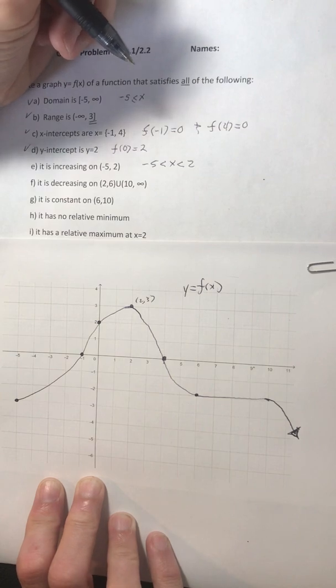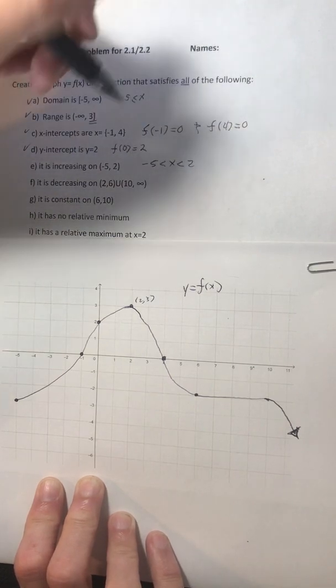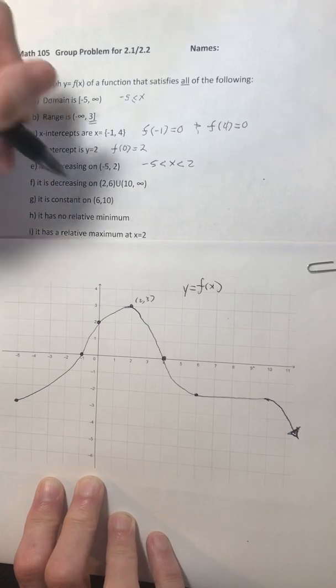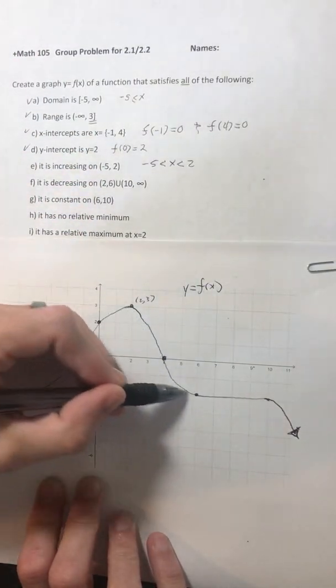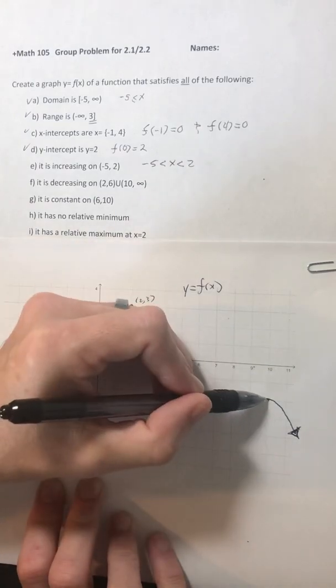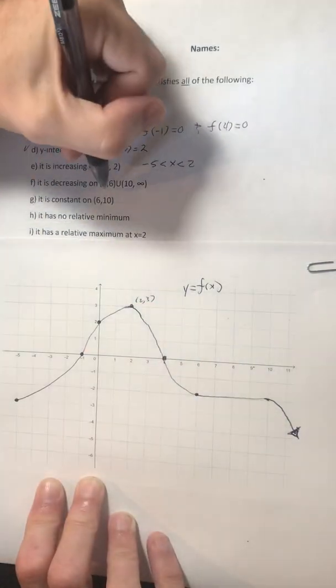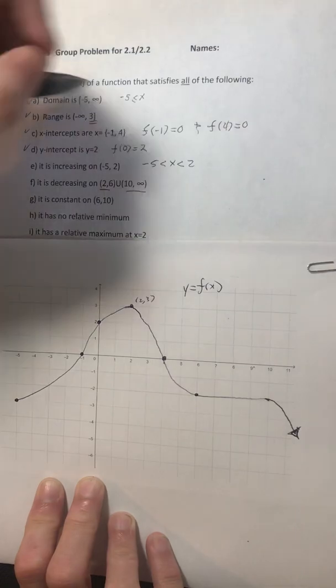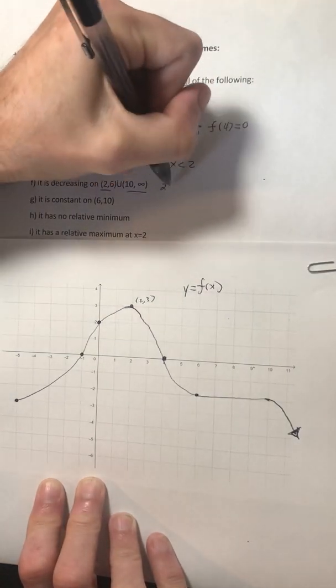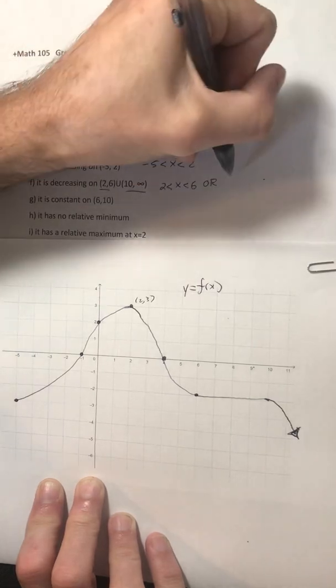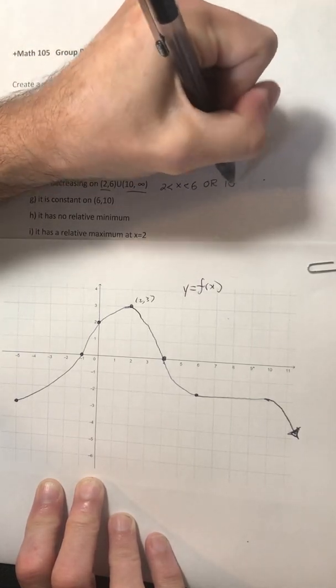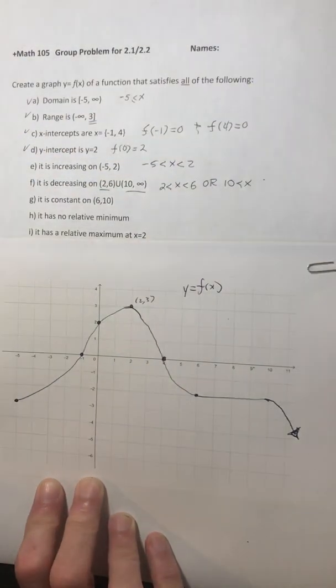There's no relative... it's decreasing from x equals 2 to 6, that part goes down, and then after x equals 10, it goes down. So in these two chunks, so 2 less than x less than 6, or 10 less than x.